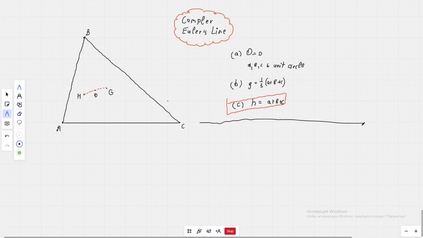Okay. So to prove this, we use that the line AH is perpendicular to the line BC.